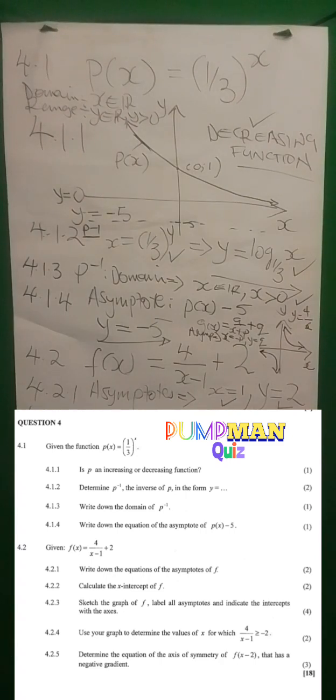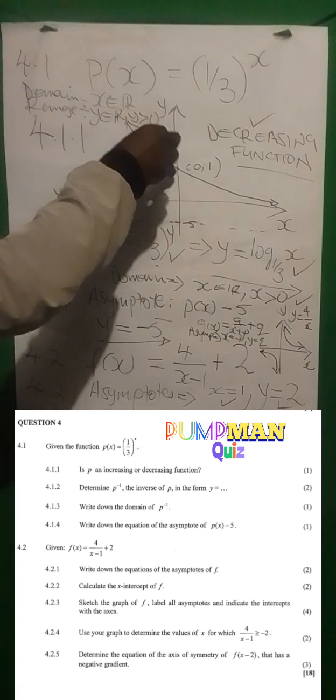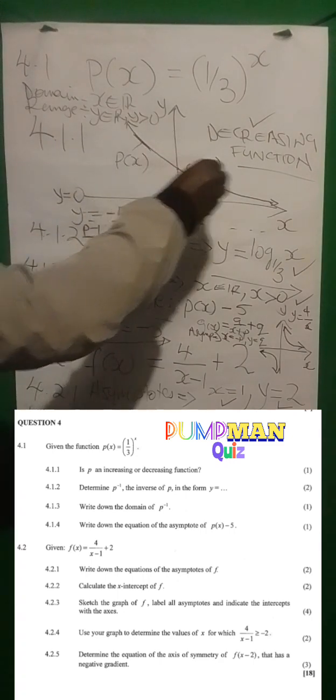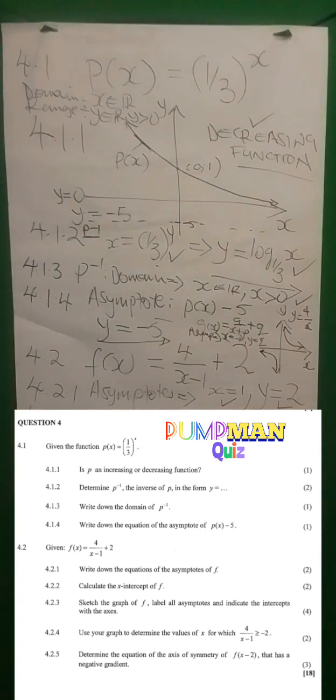p of x. Please, I refer you to our tutorial on exponential and logarithmic functions to get more details on this. If your function is having values of x increasing while values of y are decreasing, then it means it's a decreasing function.